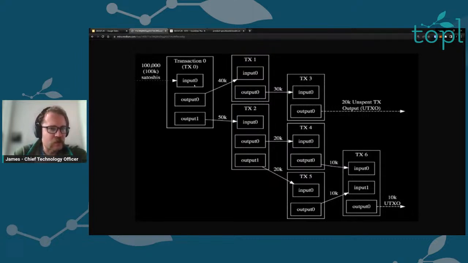And so we see here in transaction 0, the 100,000 Satoshis in, there's 40 and 50. Because the restriction is that the sum of inputs has to equal the sum of outputs, the difference from the 90 is made up by the fee that must go to the miner. It's either burned or paid. So if 30, there's another 10 taken up there. There's a 20 and a 20, so there's another 10 taken up there.